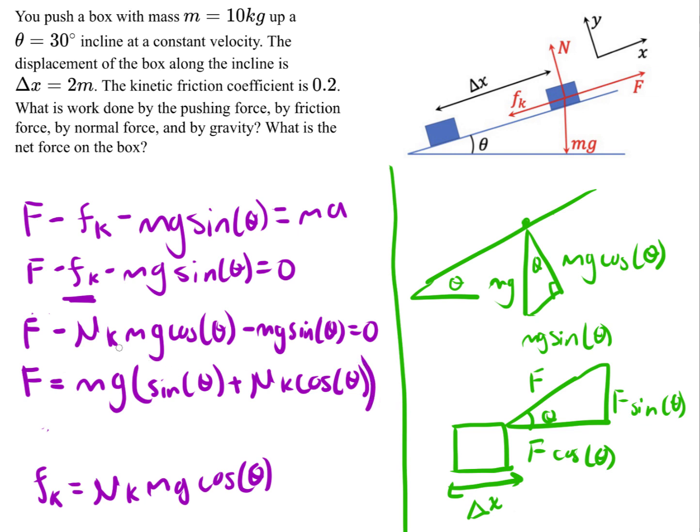And now basically all that we did is we moved everything to the right hand side, so these all become positive. We factor out the mg, and then we're just basically left with this. And then this will just allow us to solve for the work by the pushing force.